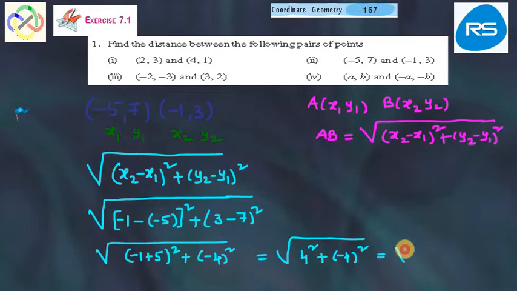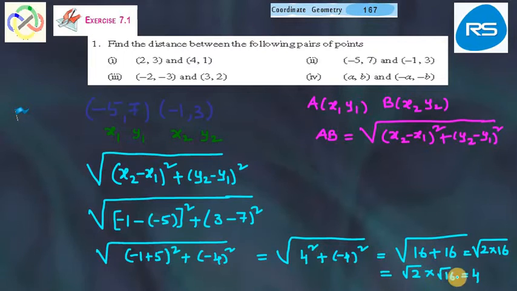We are getting 16 plus 16. 4 square is 16, and minus 4 whole square is also 16. So we can write 2 times 16. Further simplification: root 2 into root 16, and root 16 is 4, and what is left is root 2. So the answer is 4 root 2. This is about question number 2.